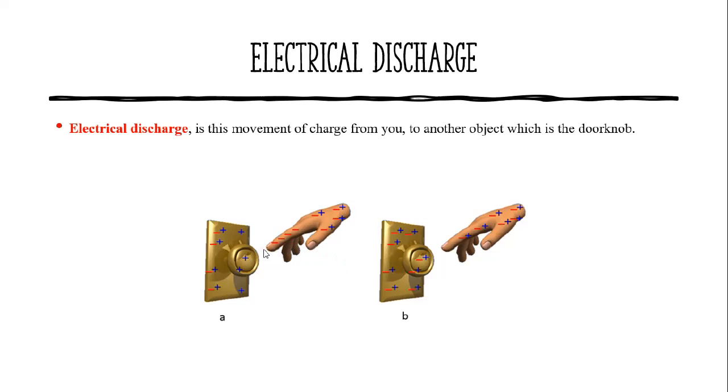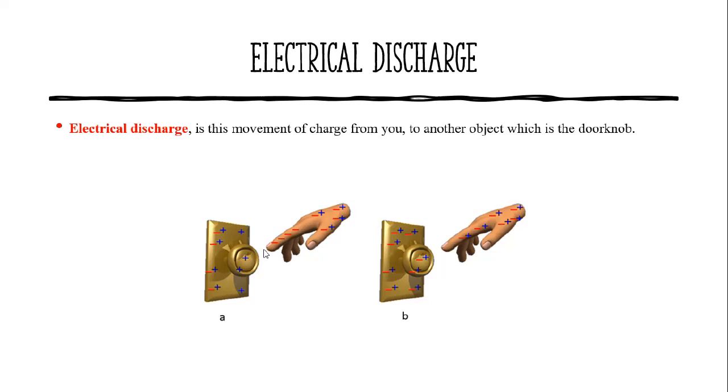In A, we see that I actually become more negatively charged. So when I go and reach for the doorknob, the negative charge in me attracts the positive charge in the doorknob. So the correct statement should be, you become negatively charged, right?